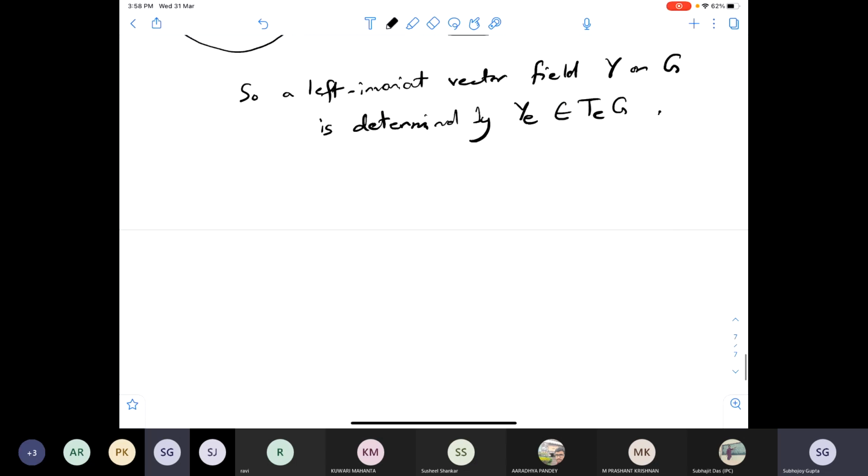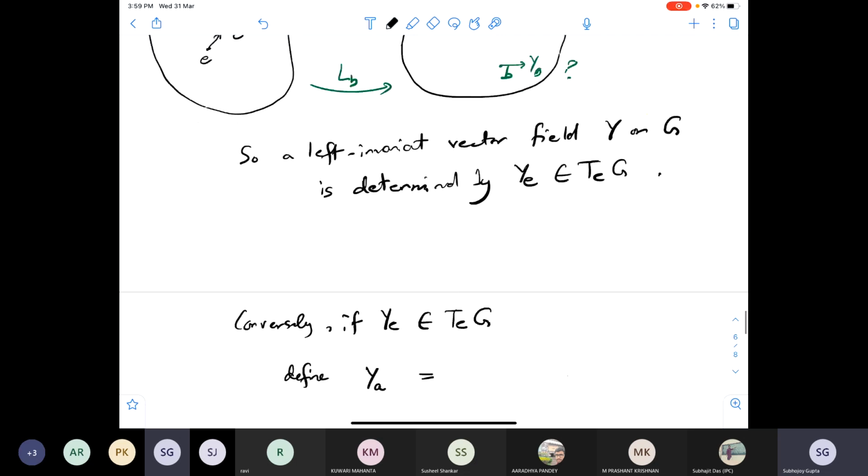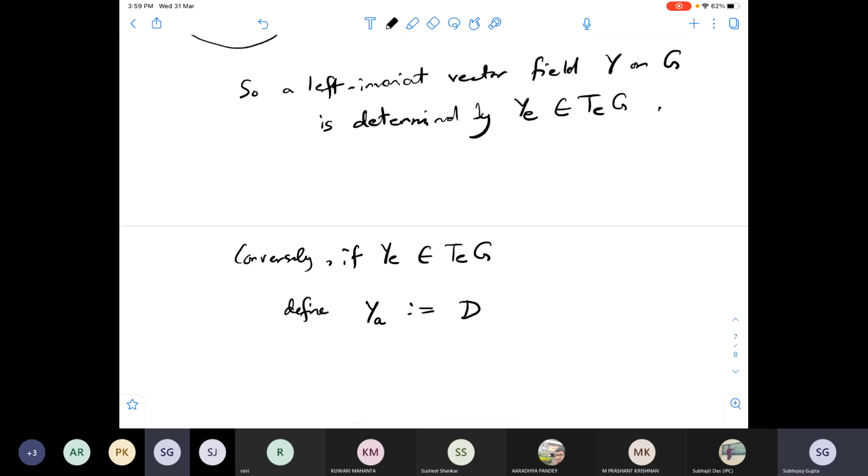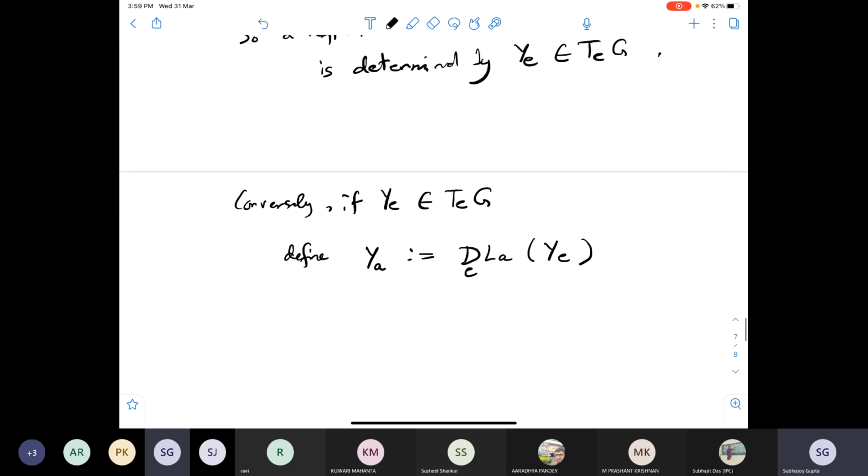So conversely, if you start with a vector at the identity, you define Y_A at any other point by that boxed relation here: Y_A is the push forward of Y_E by the left translation. And this defines a left invariant vector field.